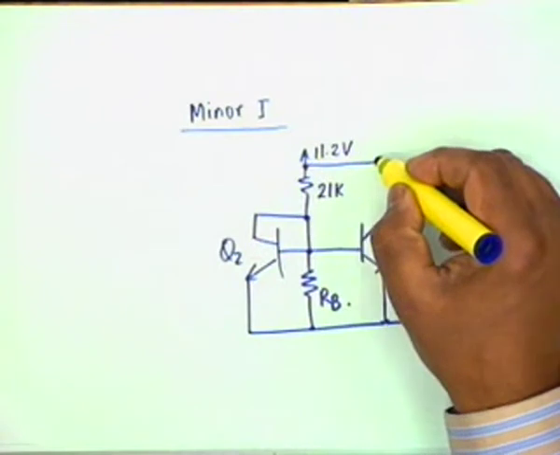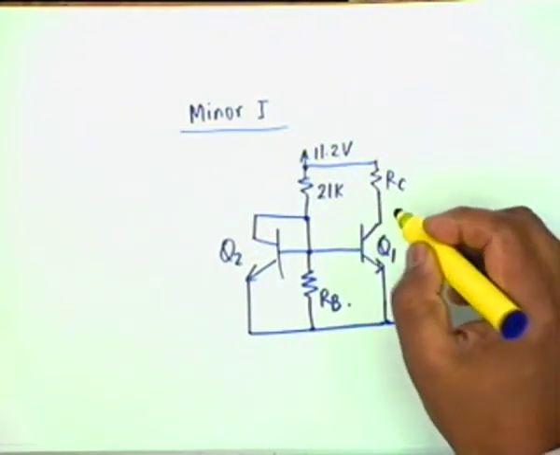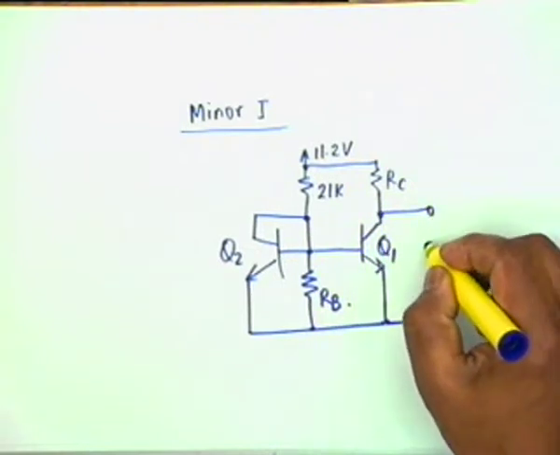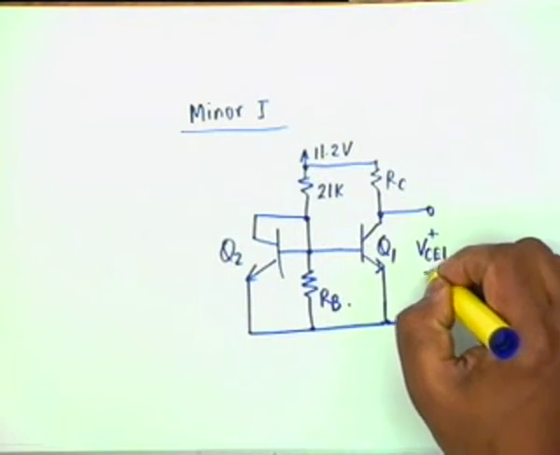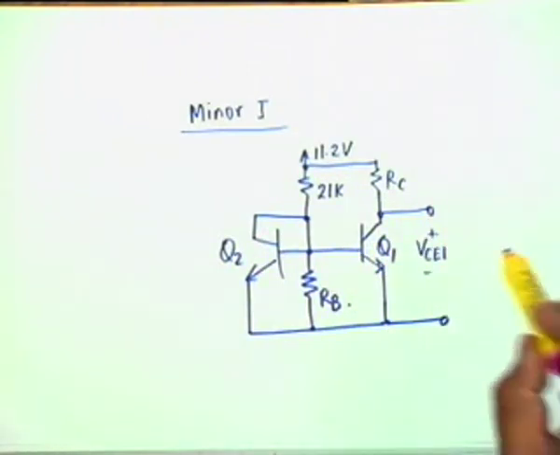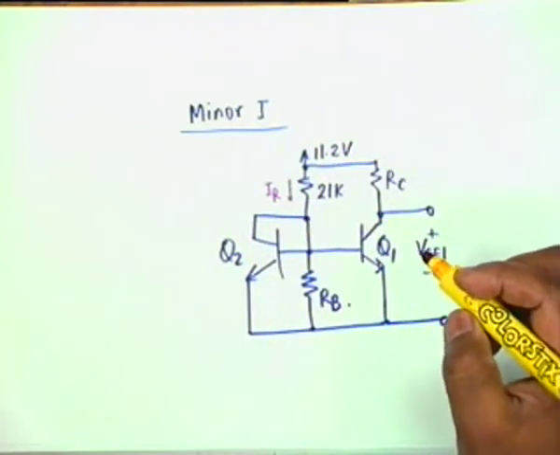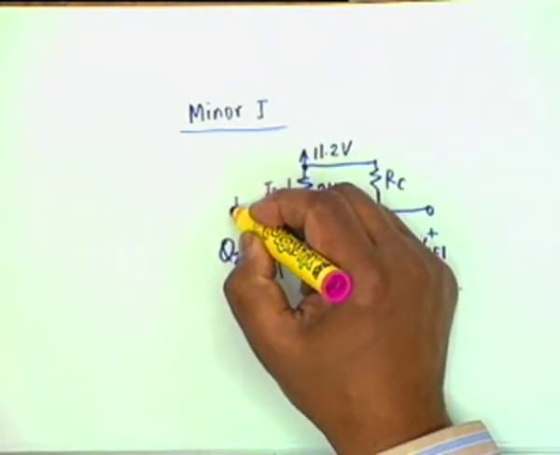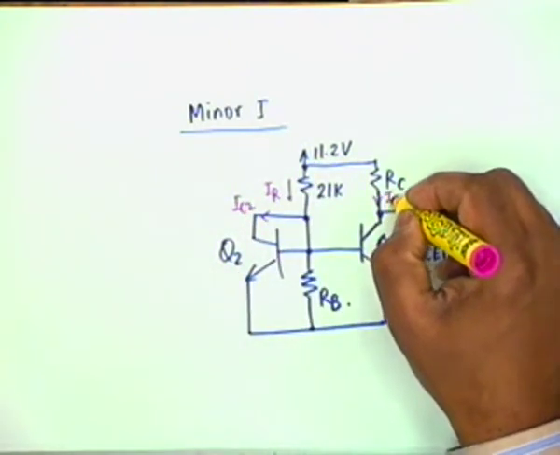And this is R sub C, and then connected here, and this voltage is VCE1 plus minus. The question that was asked for is to determine I sub R, this current is I sub R, then I sub C2 and I sub C1.